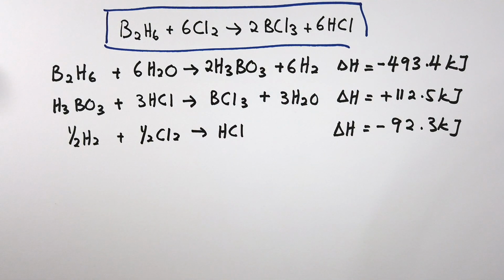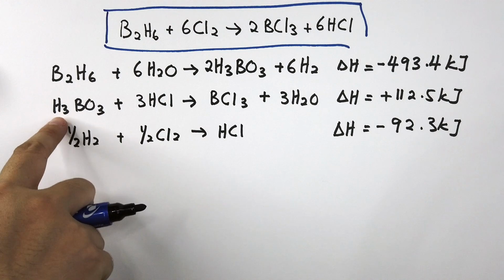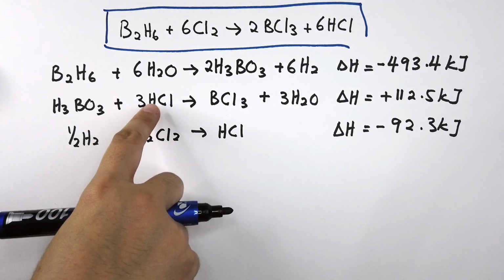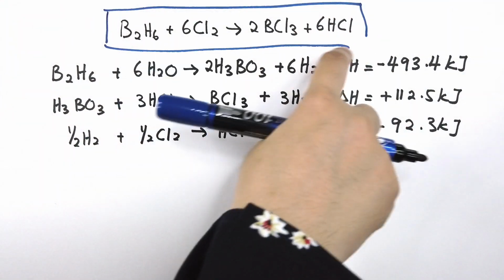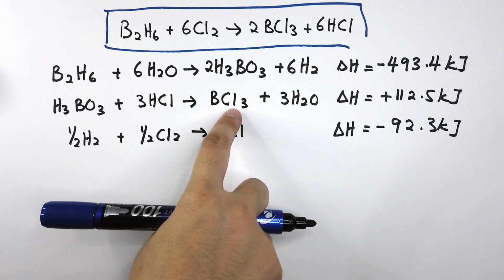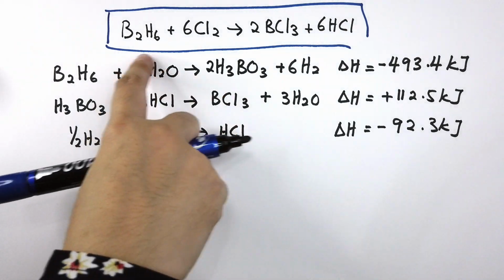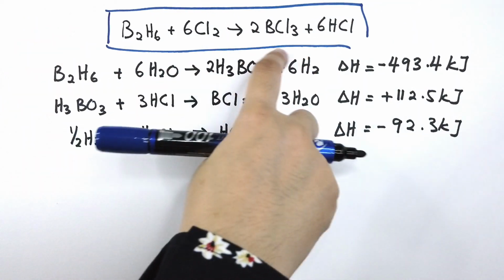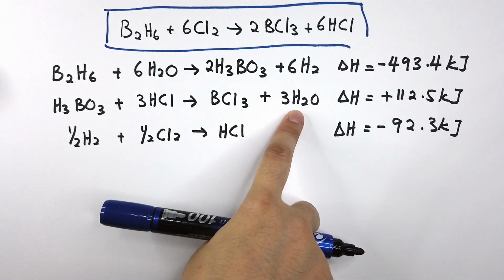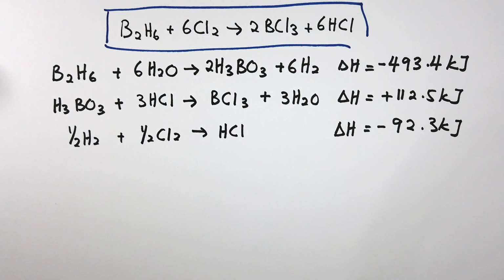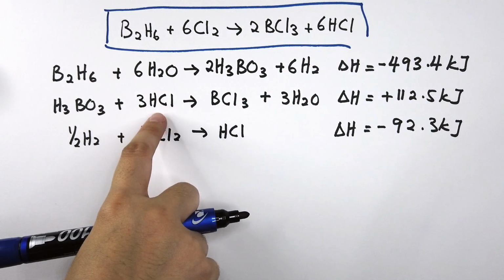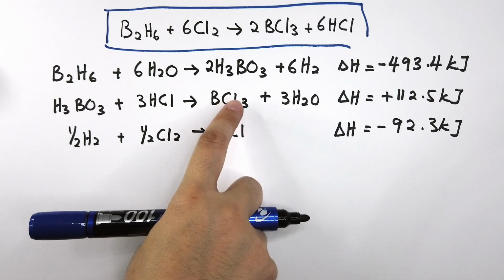Moving on to the second one, we have H3BO3, which is not related, and then we have HCl, which is related, and BCl3, we do need BCl3 over there, and then we have H2O, so we don't need the H2O. So here you need the HCl and also BCl3.